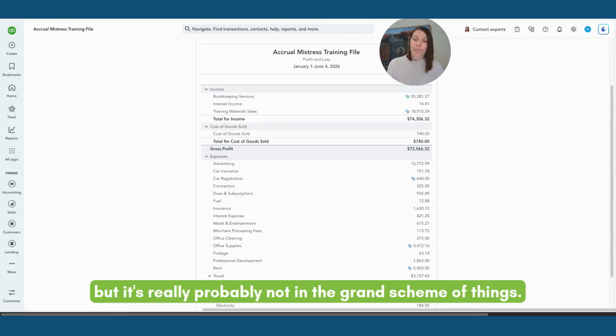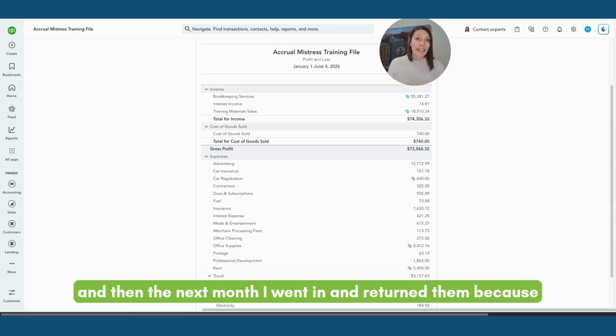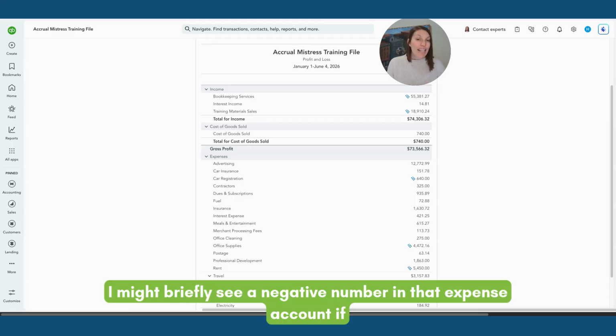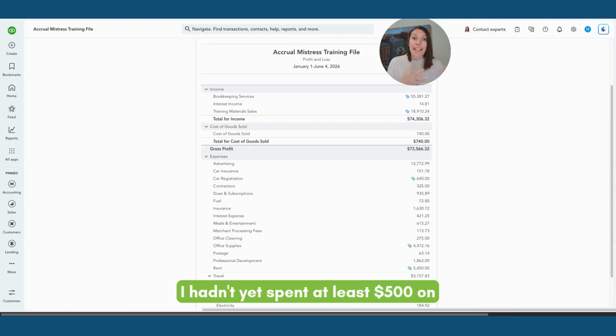If it turns out that I had purchased the wrong cartridges, I went in on the 30th of May, purchased those cartridges, and then the next month I went in and returned them because they weren't the right ones, I might briefly see a negative number in that expense account if I hadn't yet spent at least $500 on my office supplies for that next month.